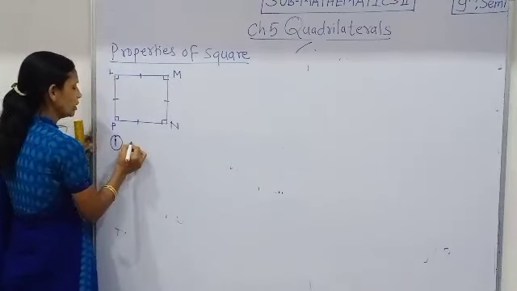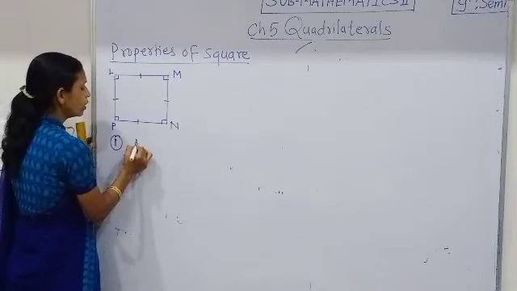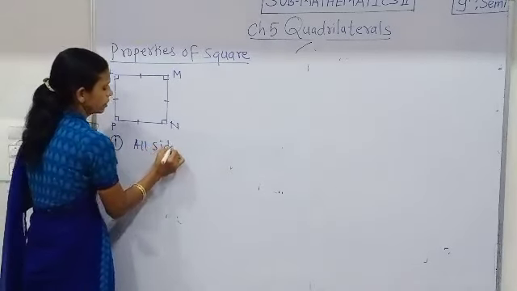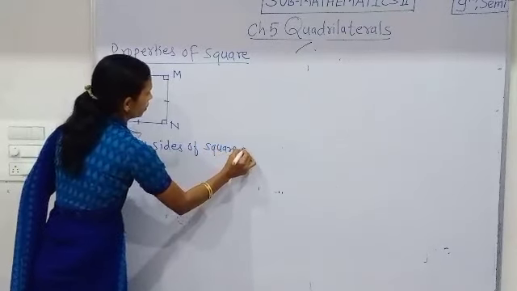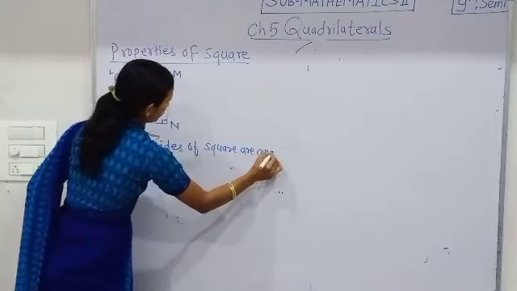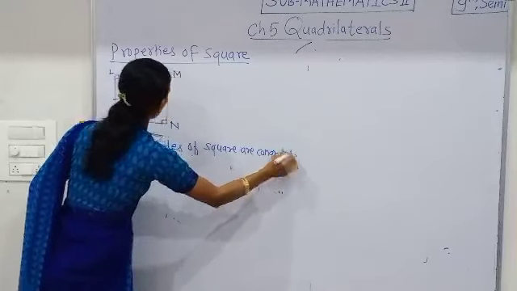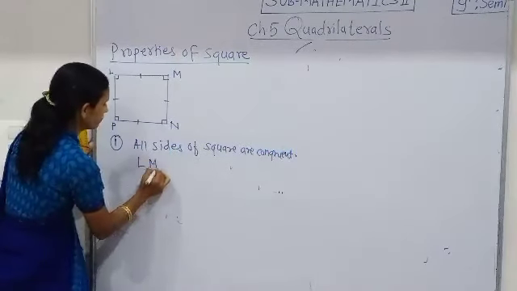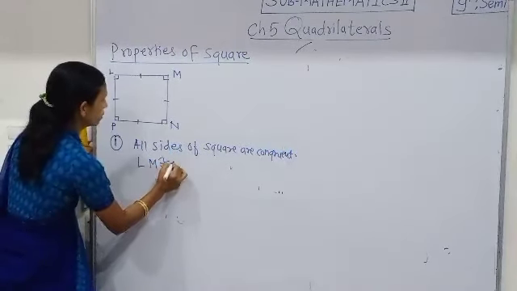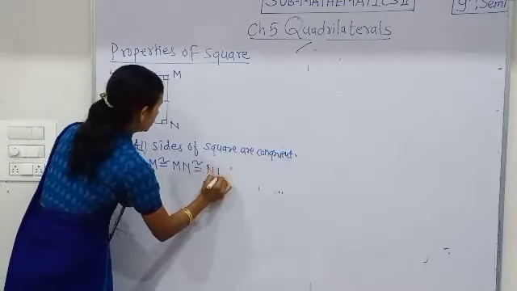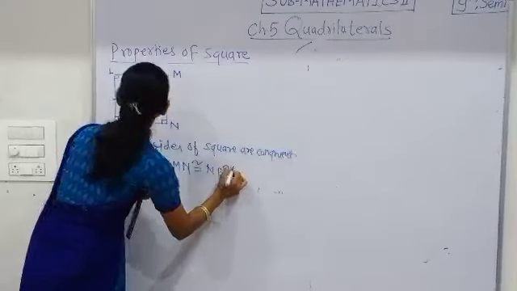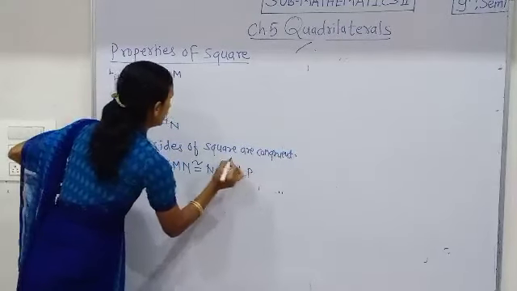See here, first of all, all sides of a square are congruent. That means LM is congruent to MN, congruent to NP, congruent to LP.